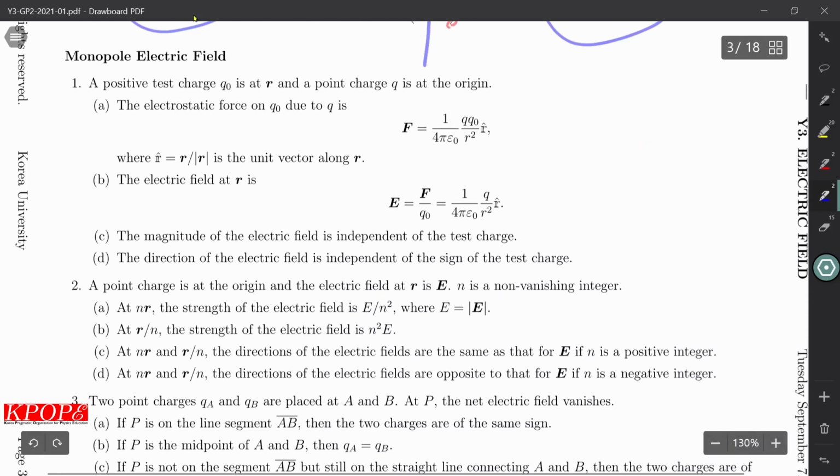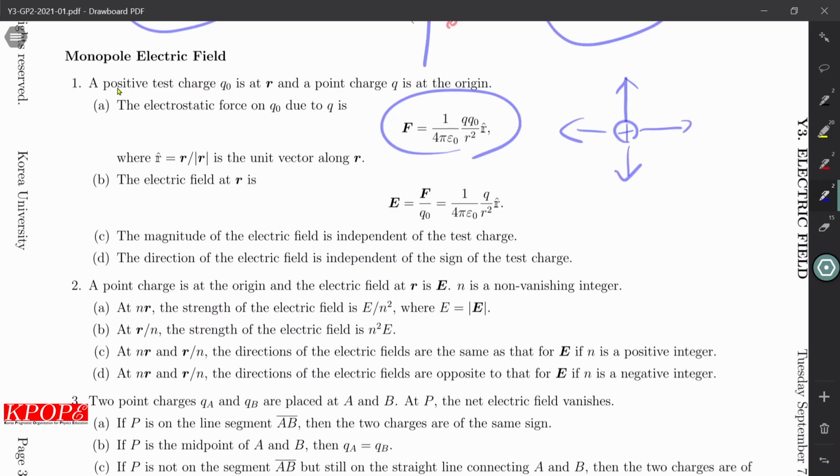Monopole electric field. The electric field due to a monopole can be obtained directly from Coulomb's law of force. You remember the electric field can be evaluated by dividing the Coulomb force by the amount of charge of the test charge.